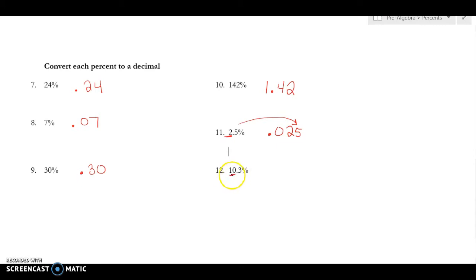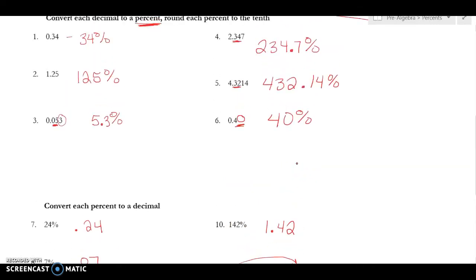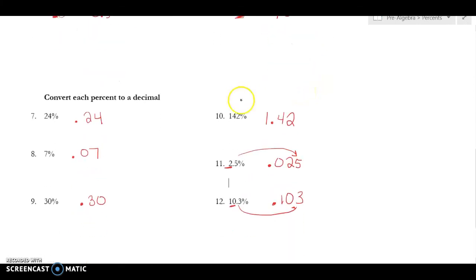Same thing here. This is 10 cents, so I bring my 10 over, and then I bring over the 3. Now on problems up above, I added a decimal right here, but here I'm not going to add a decimal because there's already a decimal there. You only add a decimal at the end if you don't see one when you have to carry something over.